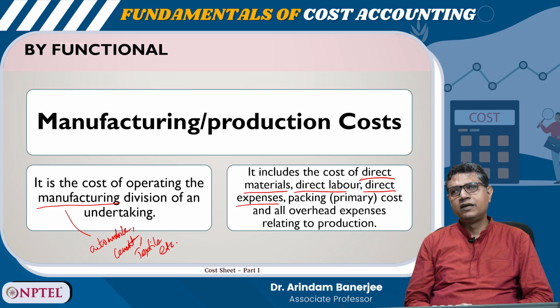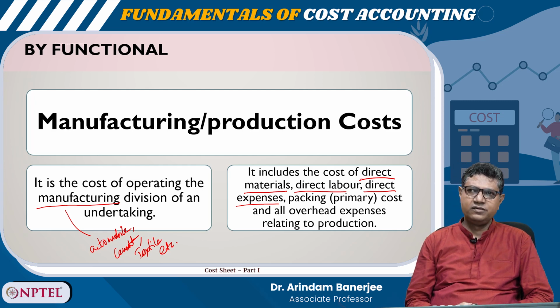So these machines are run by electricity. So this electricity is an example of direct expense. Then packing costs. These are all examples of the manufacturing or production costs.